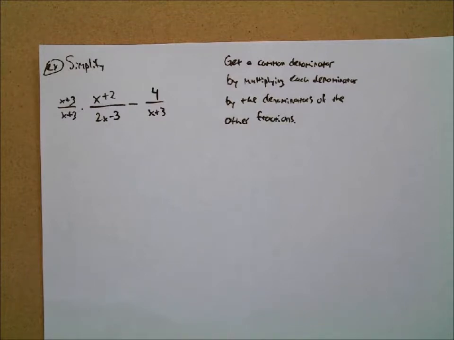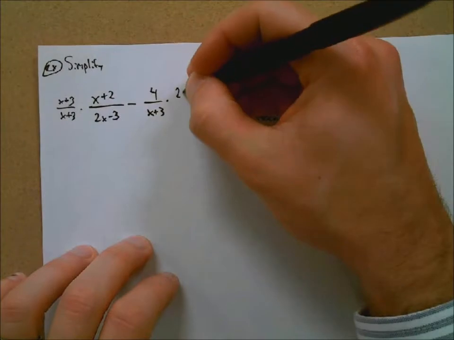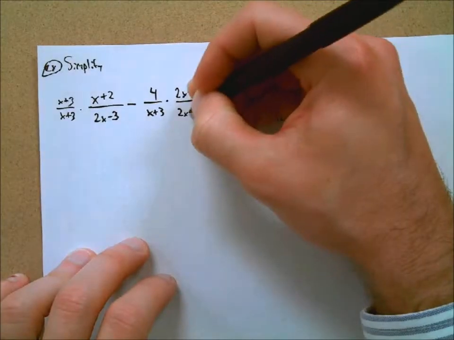And if you multiply something by 1, does it change the value? No, right? So we're not changing the value; we're multiplying by just 1. And likewise over here, we'll also multiply by 1, but we'll multiply by 2x minus 3 over 2x minus 3, again to match those denominators up.